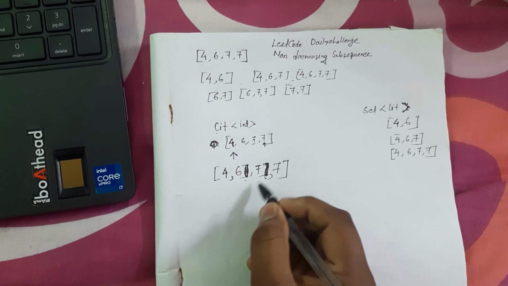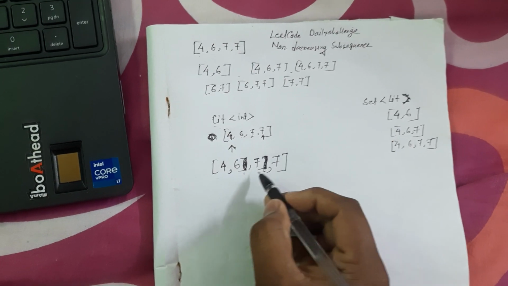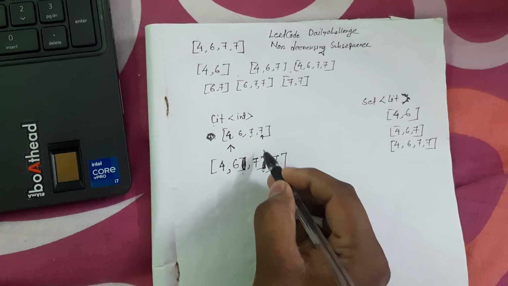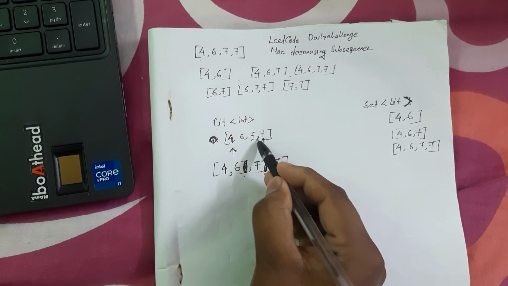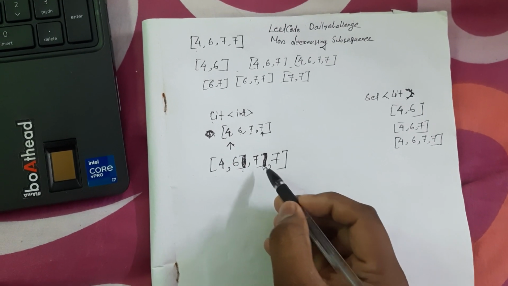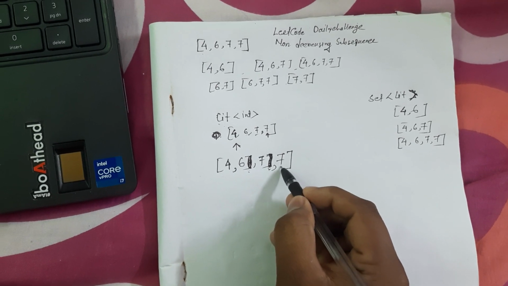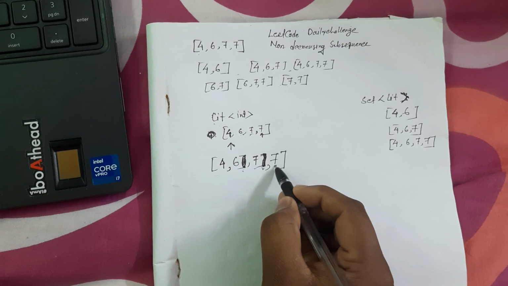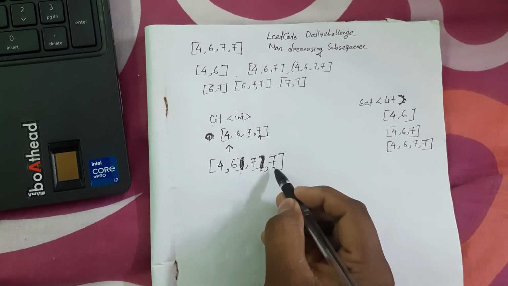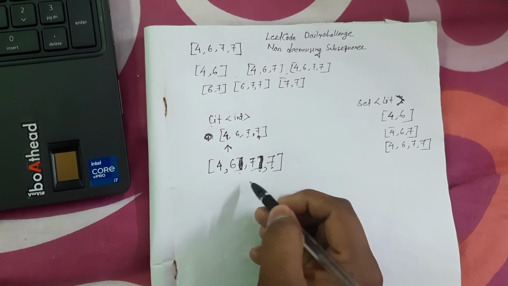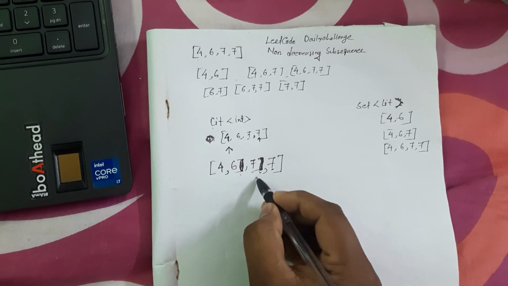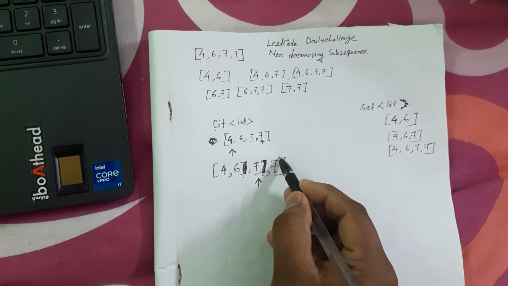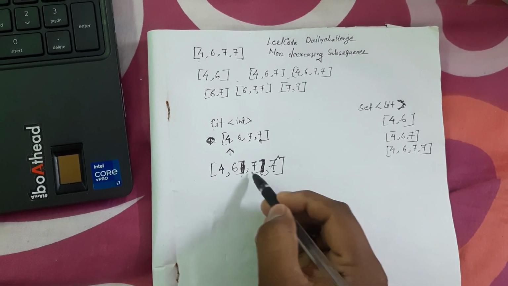Now it's time to backtrack. We are at the current index at 7, and at that time we had added the next element 7. So I will remove the last element 7.